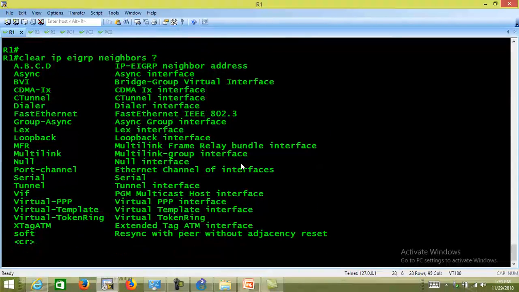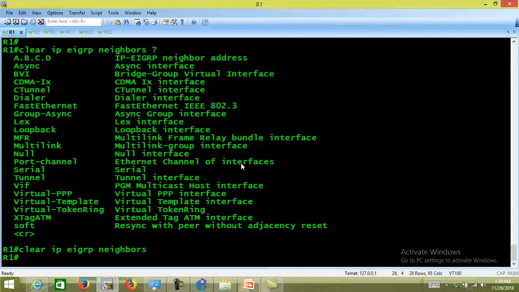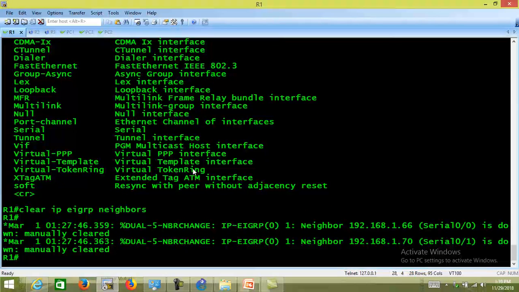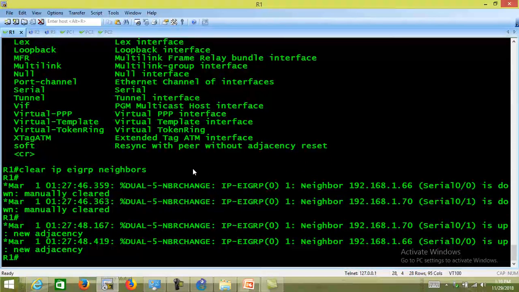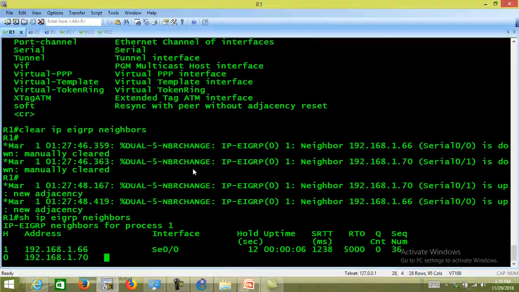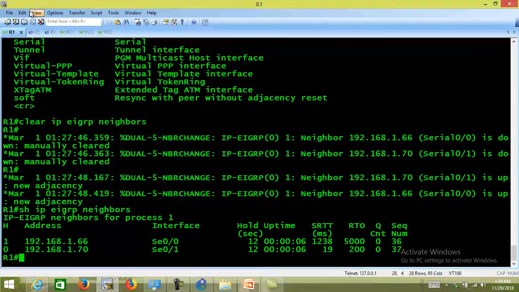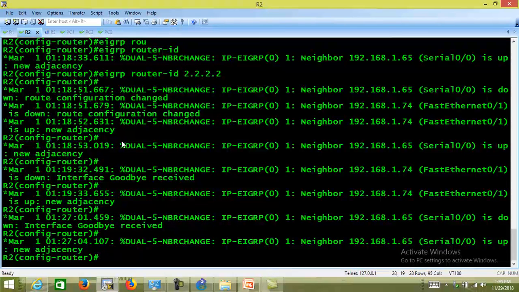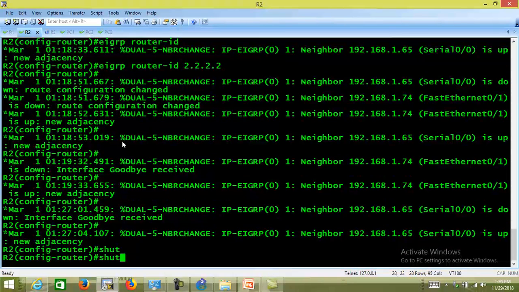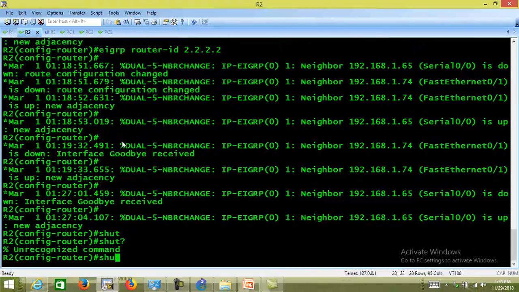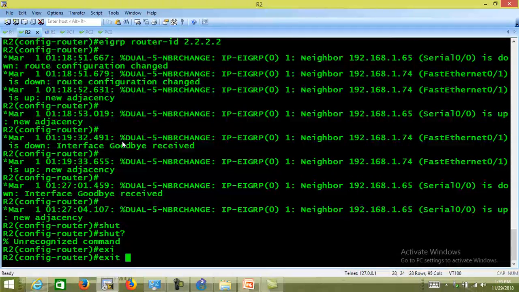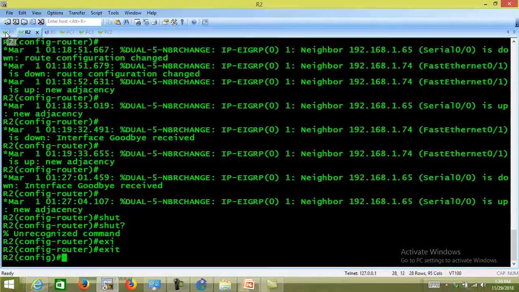Okay, let me down all the neighbors. They have reformed the neighborship. Anyway, with IPv6 you can do that. So anyway, I think I'm digressing.